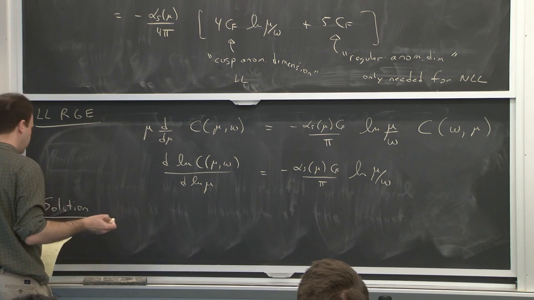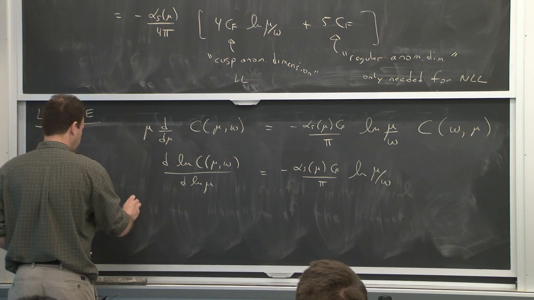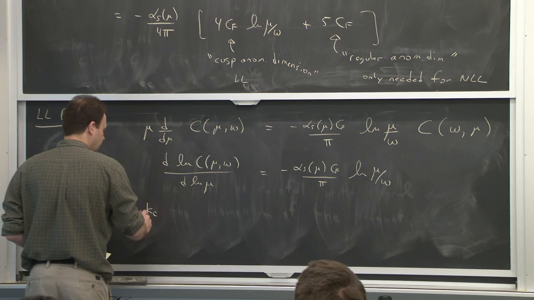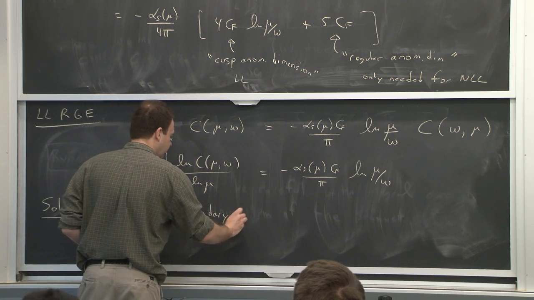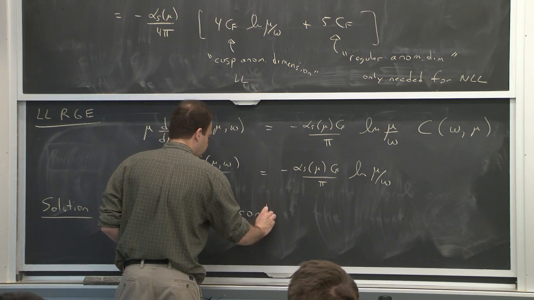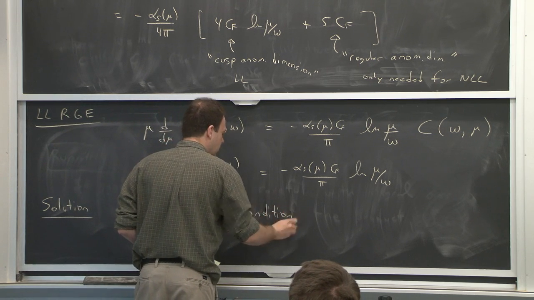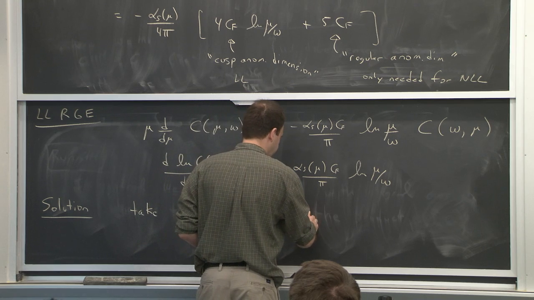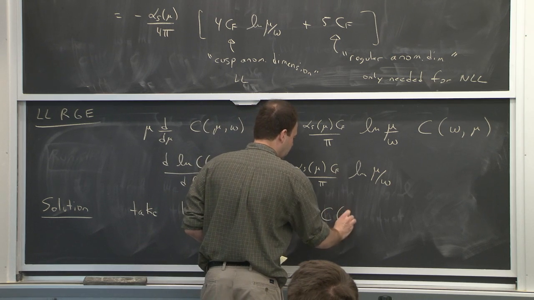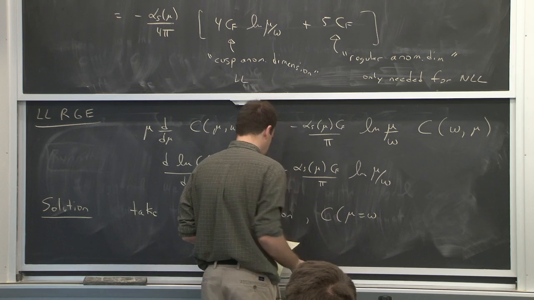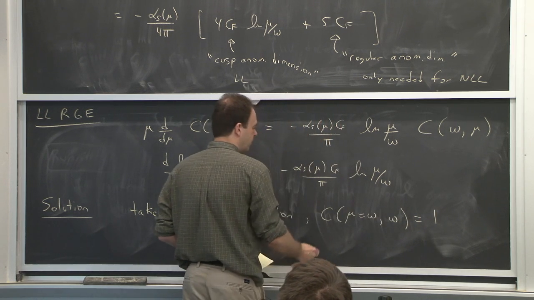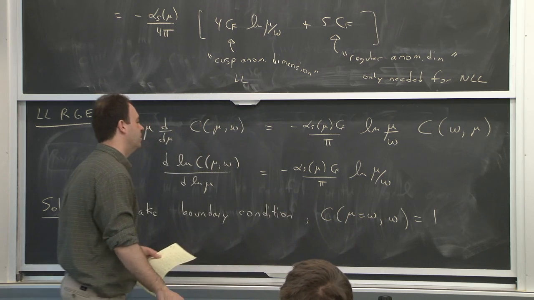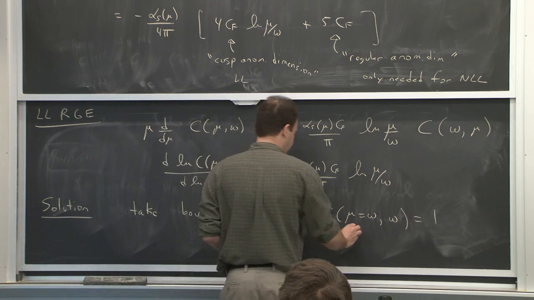So we could specify the boundary condition at an arbitrary scale. Let me, for simplicity, use the following tree-level boundary condition. So at tree level, the Wilson coefficient was 1, but we have to pick some scale where we make that statement true. And for convenience, I'm just going to take that scale to be W. That makes things a little simpler.